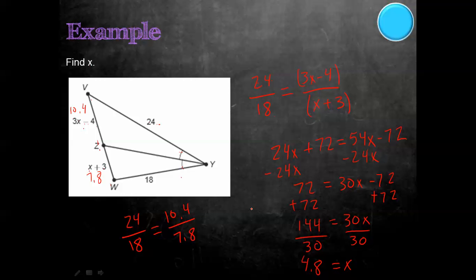Okay, take 10.4 times 18, which is 187.2, and then 24 times 7.8, which is also 187.2. So you know that that is true. x does equal 4.8. And that is the end of indirect measurement 1.